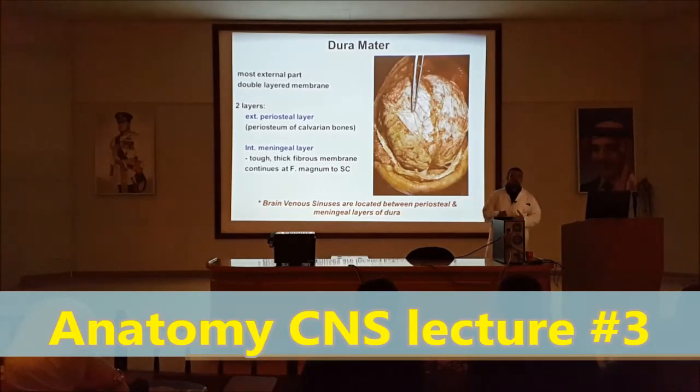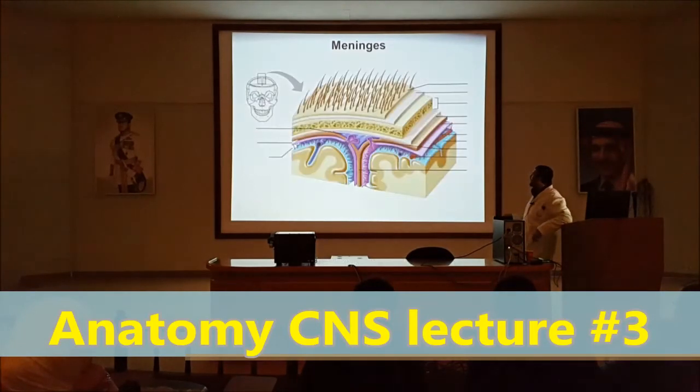This is the only difference between the cranial meninges covering the brain and the spinal meninges covering the spinal cord. Because the cranial dura is made up of two layers, the meningeal layer and the periosteal layer. When this periosteum ends, it continues around the bones of the skull.